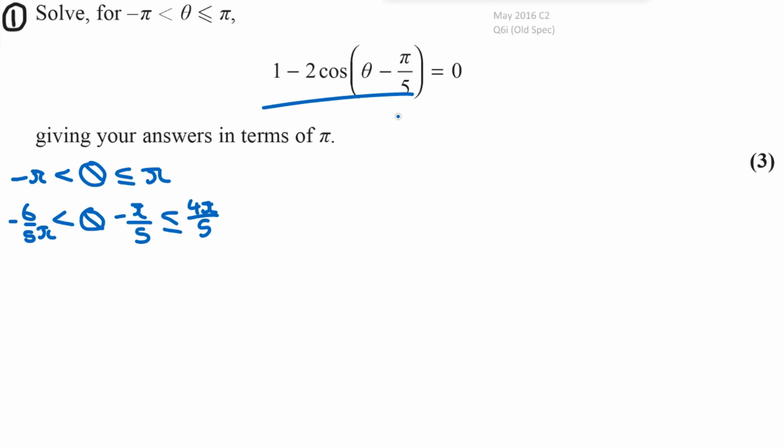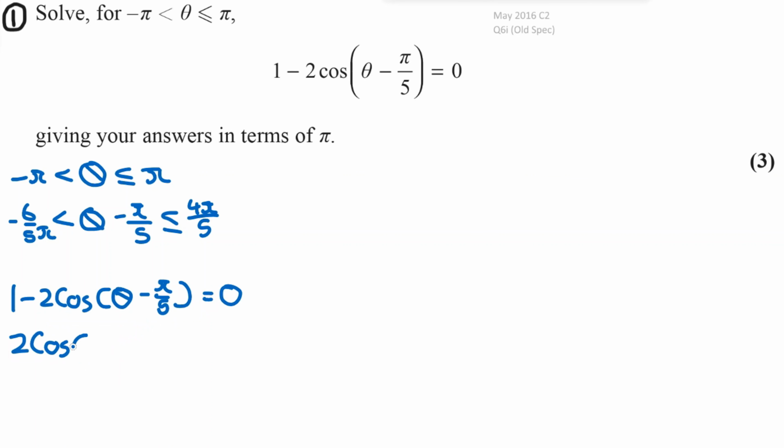And then we need to actually solve this equation. So this is 1 minus 2 cos of theta minus pi over 5 is equal to 0. I'm going to move the 2 cos of theta minus pi over 5 onto the other side to get 2 cos of theta minus pi over 5 is equal to 1.